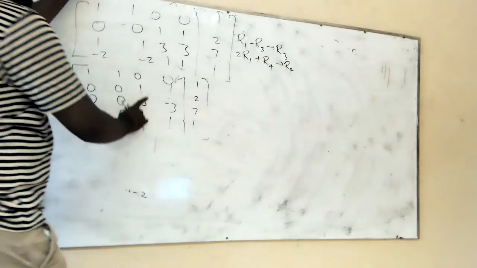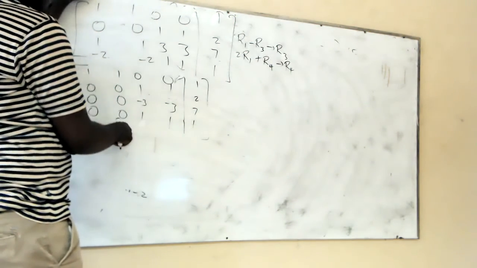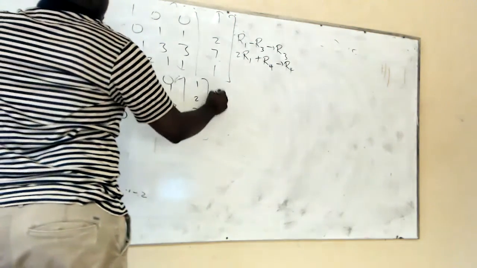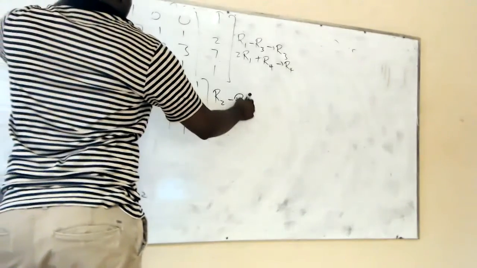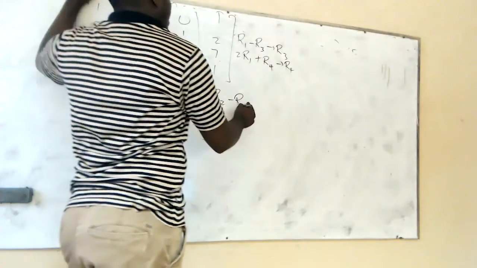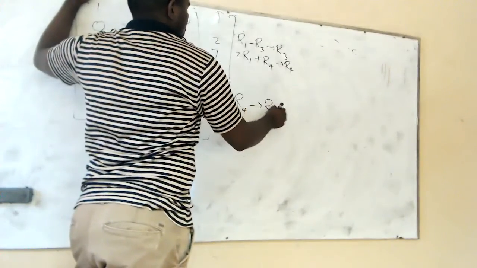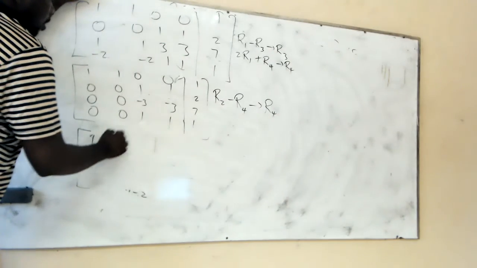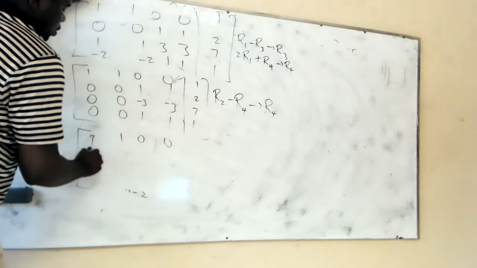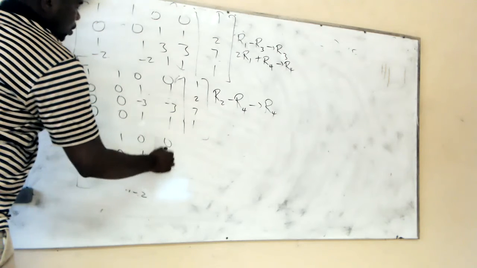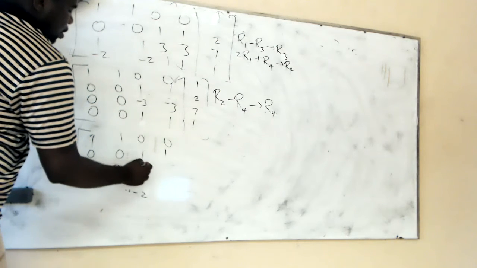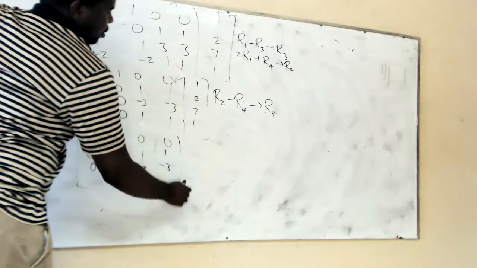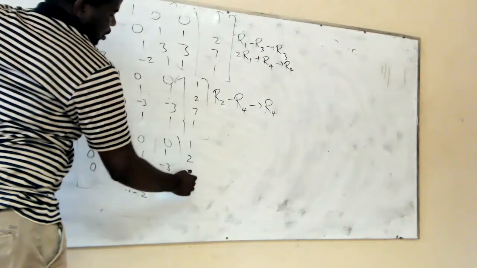Fortunately, we were able to get the 0 then. So we need to get the last 0 here, which you can get by saying row 2 minus row 4. It must give you row 4. So this is going to be 1 1 0 0, 0 0 1 1, 0 0 negative 3 negative 3, 1 2 7.